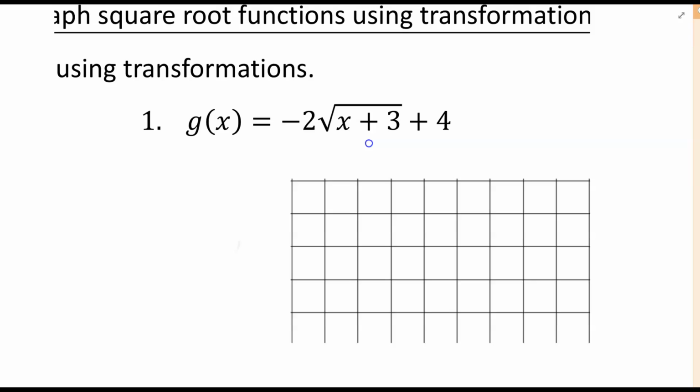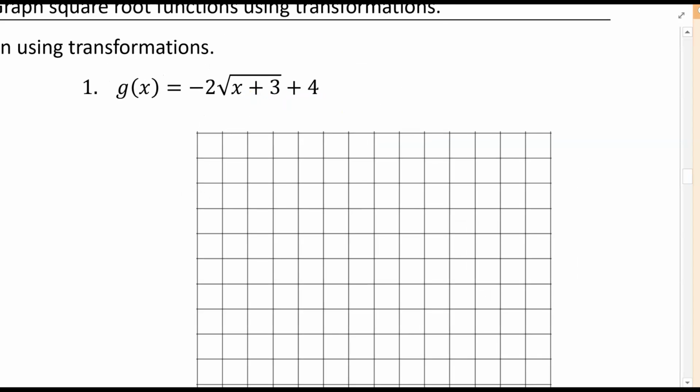Okay, so my very first step is again to find A, H, and K. So first, find A, H, and K. So again, A is going to be in the front. So A in this case is negative 2.